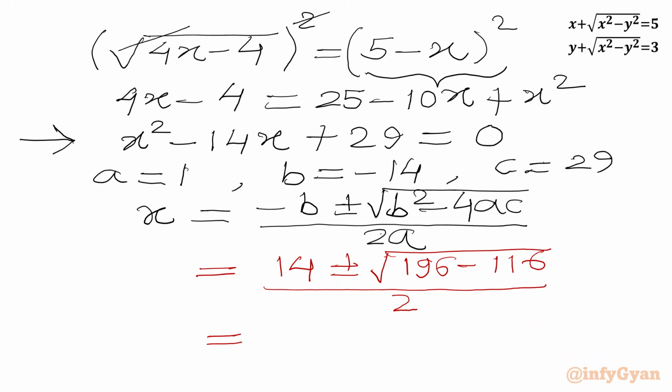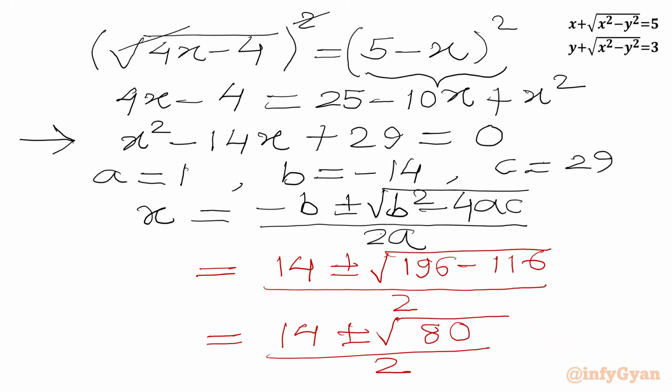So we can write x will be equal to 14 plus minus square root of 196 minus 116, 80, over 2. Now we can factor 80 as 16 times 5.